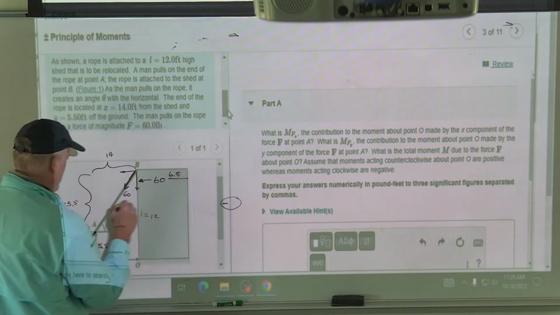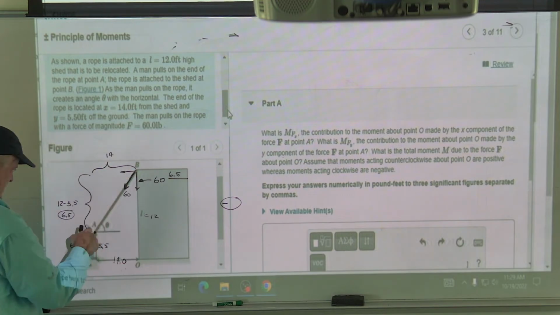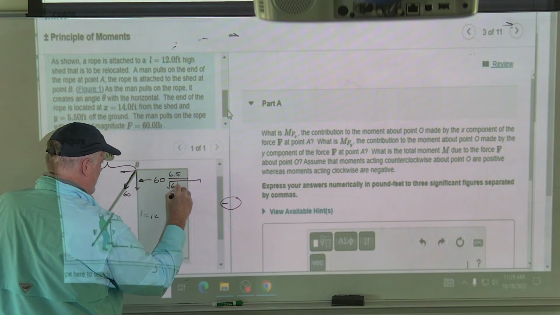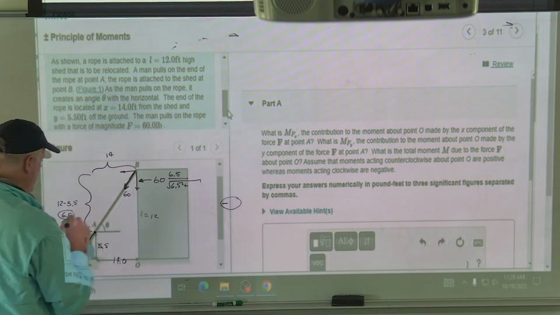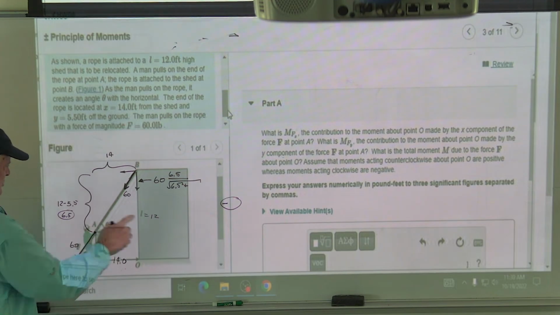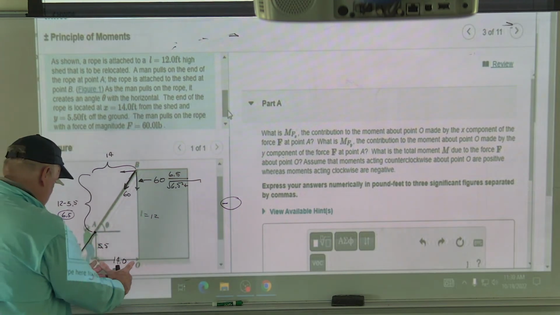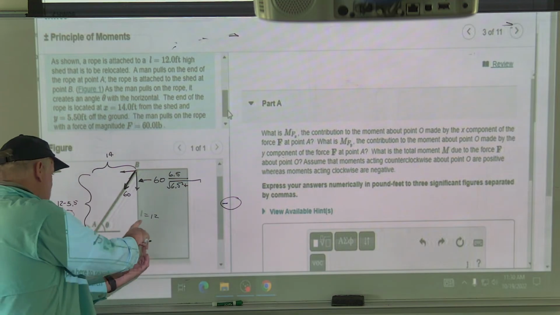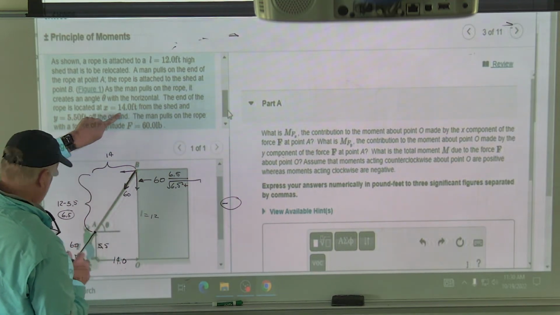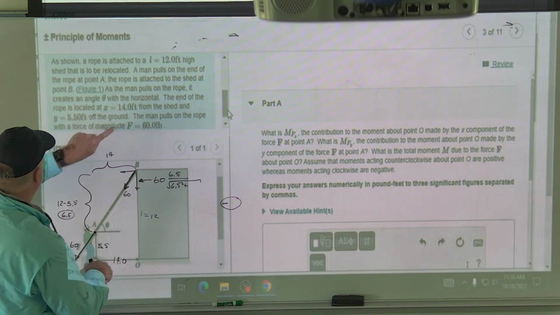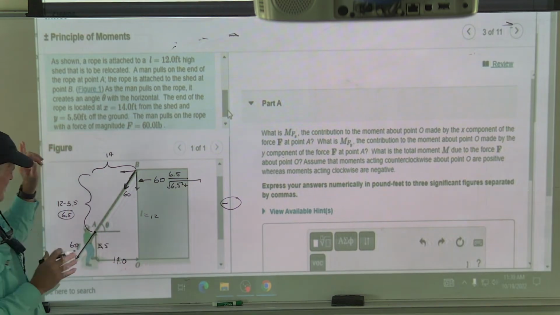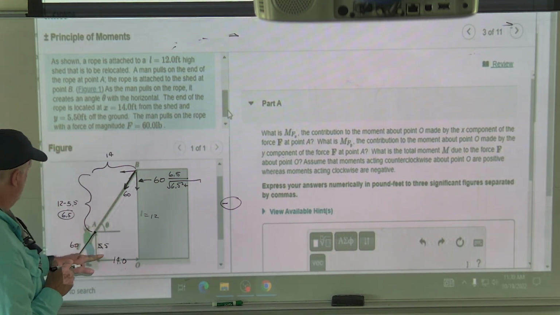or 6.5 over the magnitude of the length of that rope, which ends up being the square root of 6.5 squared plus, doesn't look to scale, does it? Did I get that wrong? 12. Well, wait, now that makes sense, because if that's 14, that's 12. Did I read that right? X is 14. So there's nothing to scale here. So I think that it's 5.5.